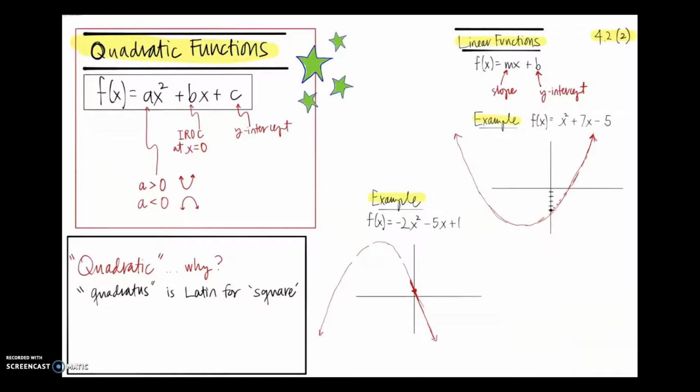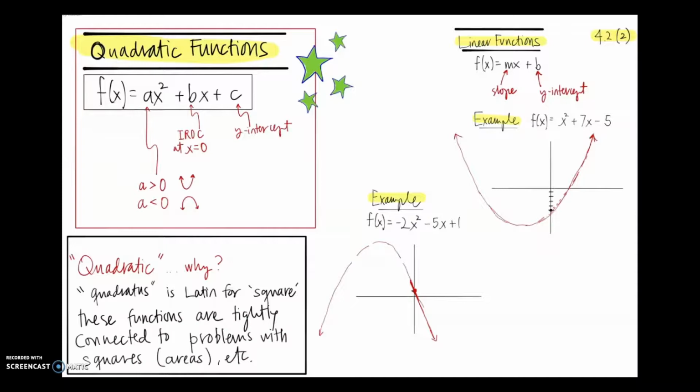I mean, you take the second power of the length of the sides, and that has become known as squaring a number. It's all related to the area of a square. So these functions are tightly connected to problems with squares, like finding the area of a square, etc.